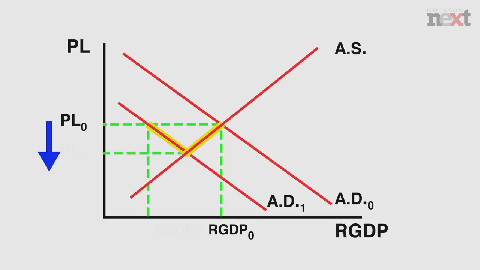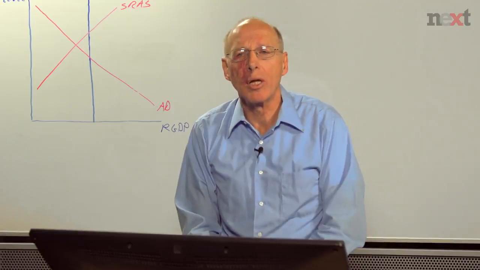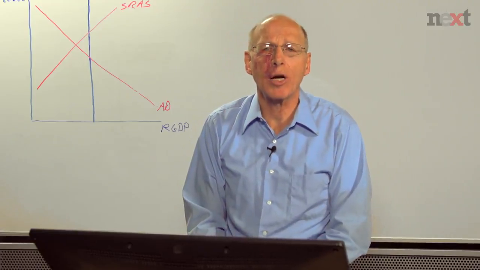And the economy is automatically moving to a new equilibrium price level, PL1, associated with where the aggregate supply and aggregate demand curves intersect, but that's also at a lower level of real GDP. And so real GDP is decreased to RGDP subscript 1. Now in this situation, that lower level of real GDP is most likely associated with higher unemployment.